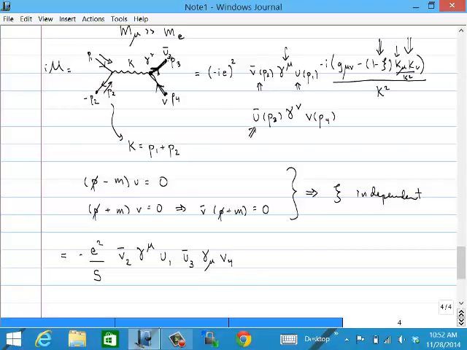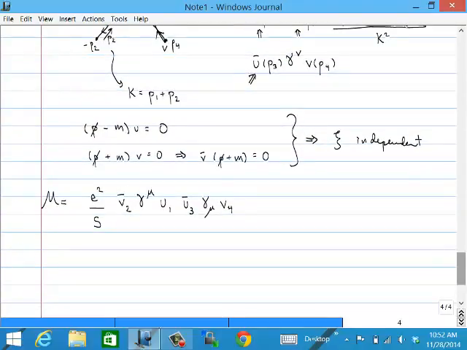Oh, and there's a minus i from there that I forgot. So you get i. Okay, so that's the scattering amplitude.